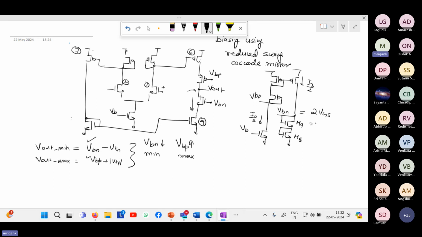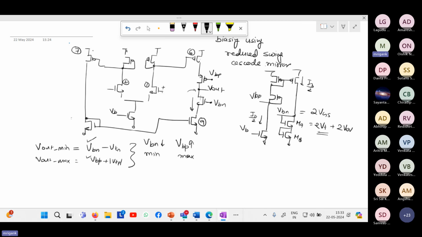Because VBN is dependent upon VGS, right? So it is 2 VT plus 2 V overdrive. How can you reduce the V overdrive? By increasing the W by L of M9 and M8. Still, if you are able to reduce it further, you will at least get a minimum of 2 VT.